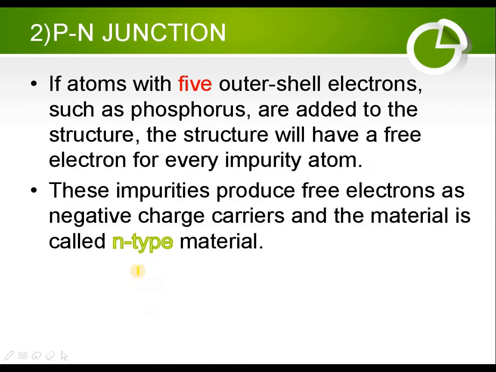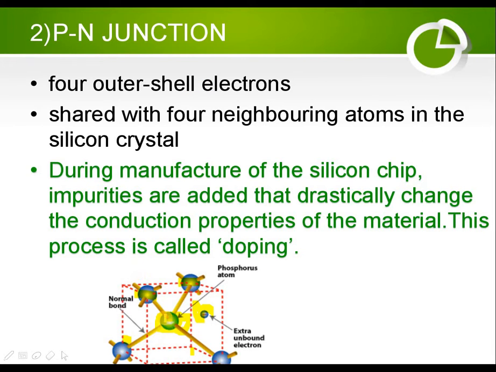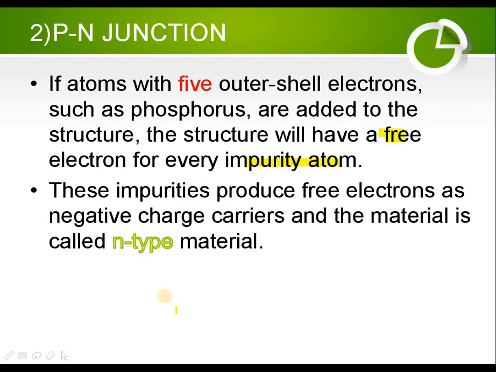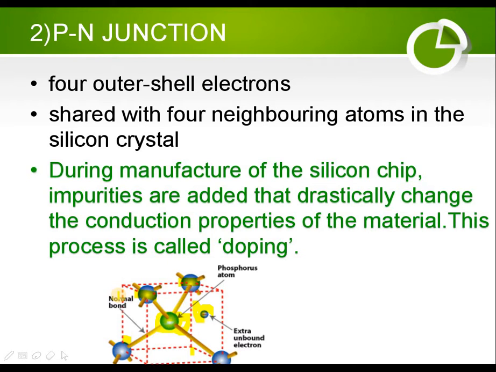I know in the next slide the same thing is explained. If an atom with 5 outer shell electrons such as phosphorus, as I already explained, is added to this structure, the structure will have a free electron. This is the important thing: a free electron for every impurity atom. In the previous slide just one impurity is shown, but in a very small structure there are millions. For understanding, we took a cube and discussed a single phosphorus atom.